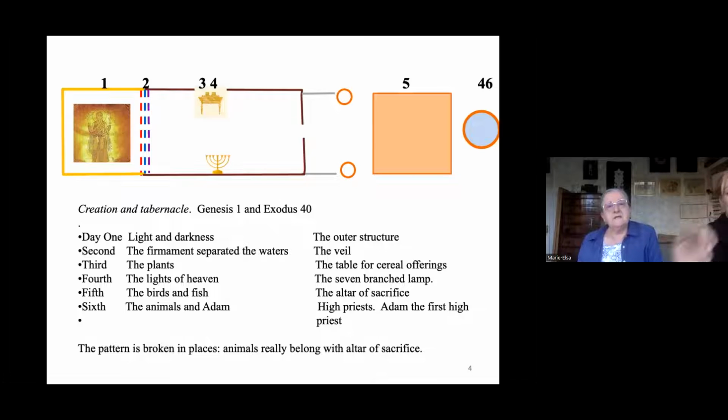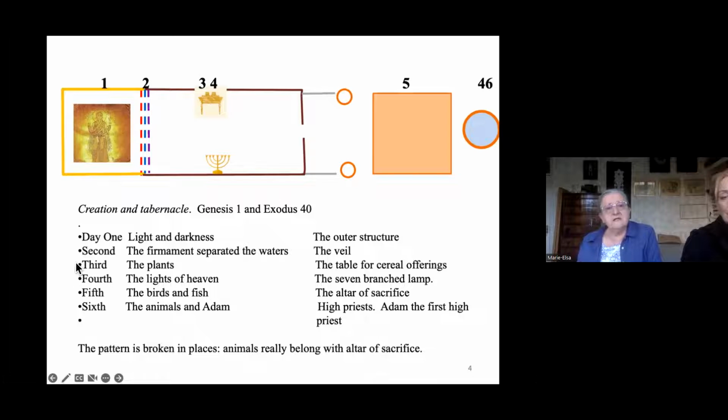And then 3 and 4 together, they indicate the table of showbread, that's number 3, and the great menorah, that is number 4. And those two correspond to the third and fourth days of creation.